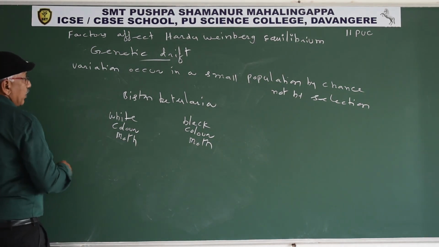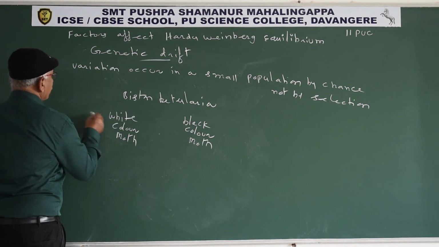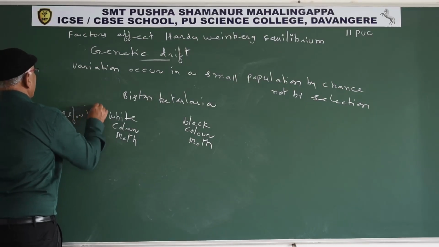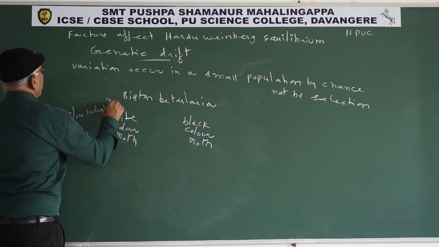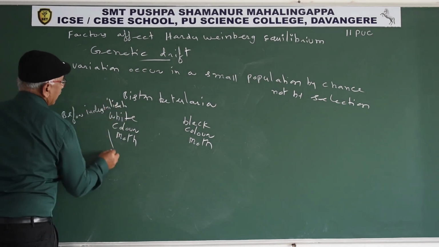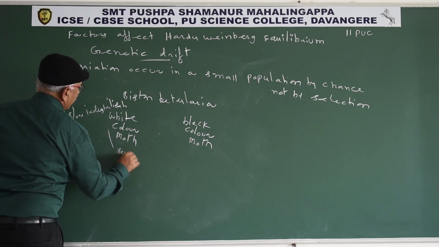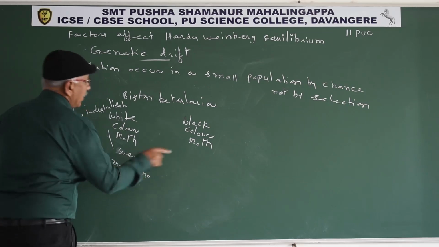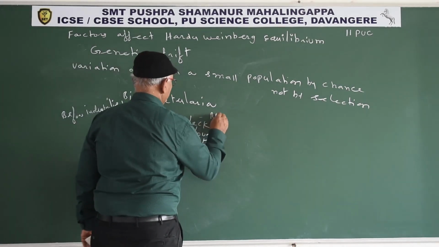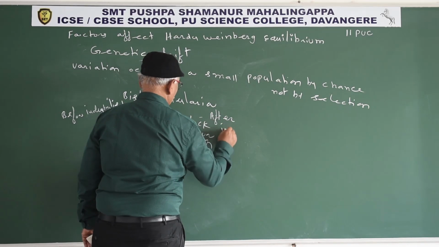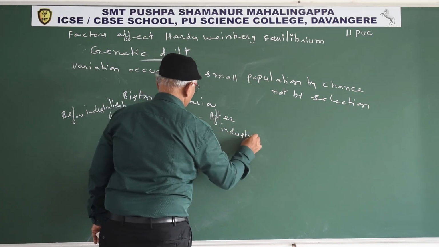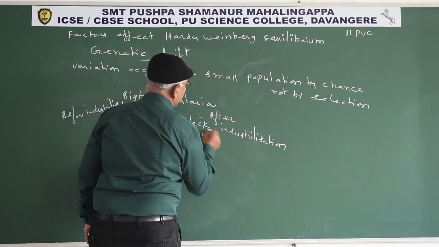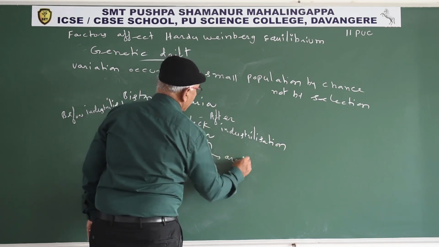Before industrialization, white color moths were more in number. After industrialization, black color moths are more in number.